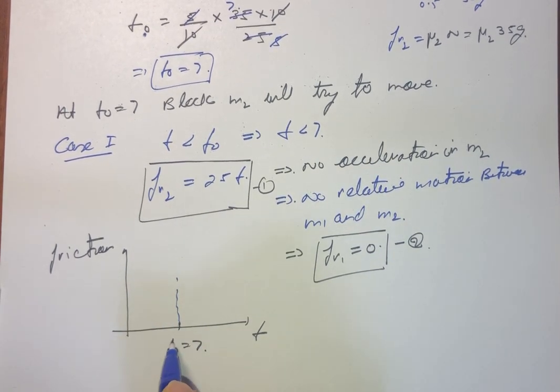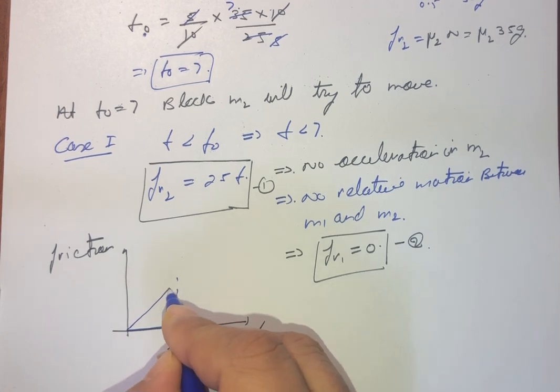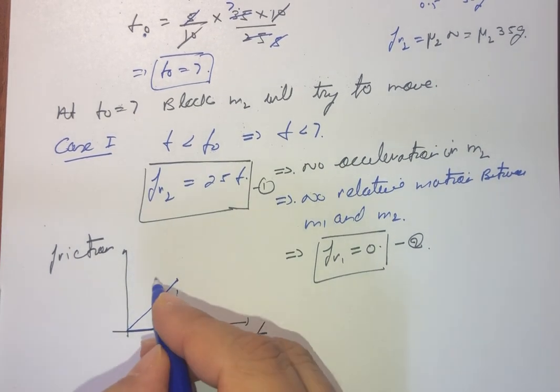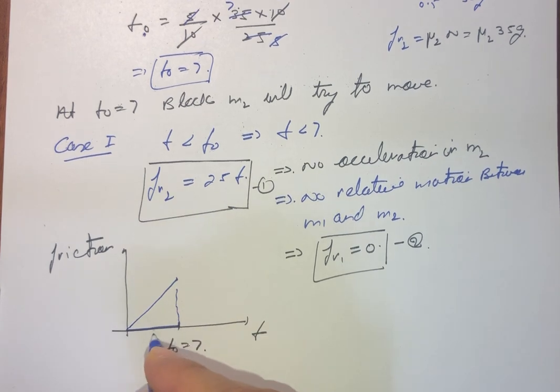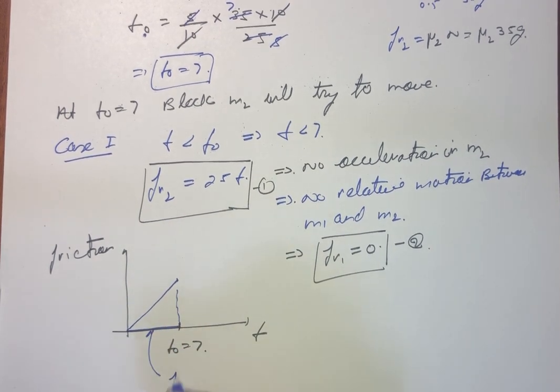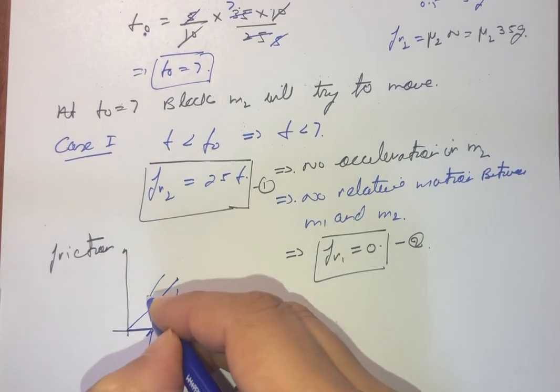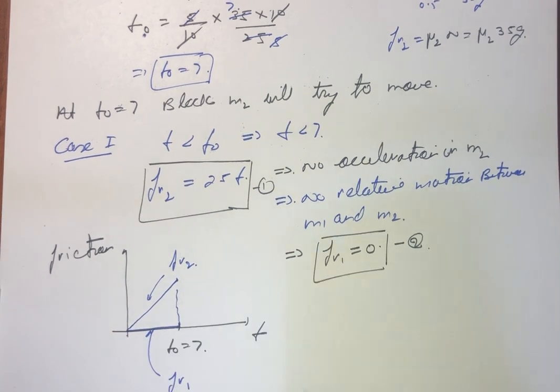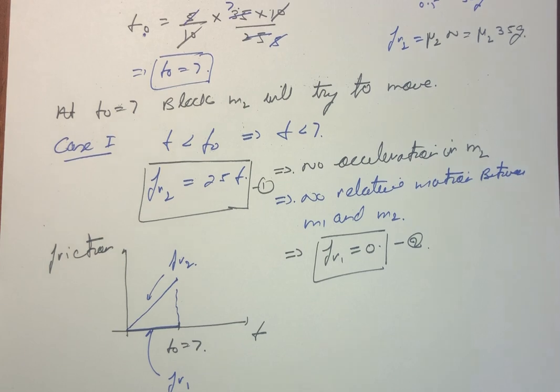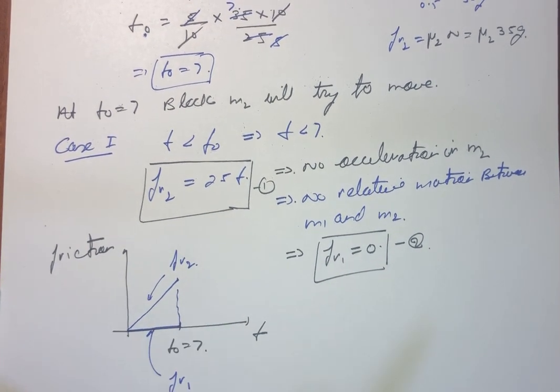So up till T naught, FR1 is 0, and there will be a certain value of FR2. This is our FR1 and this is our FR2. Now we can find the maximum value of FR2 at T equal to 7.